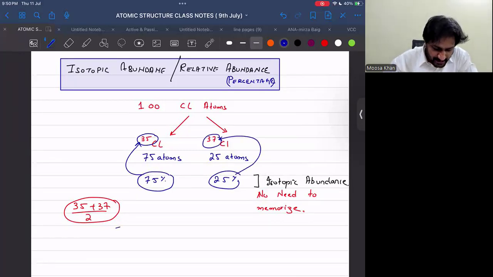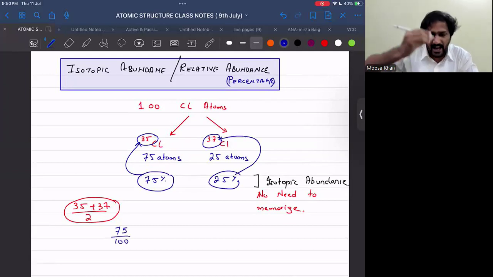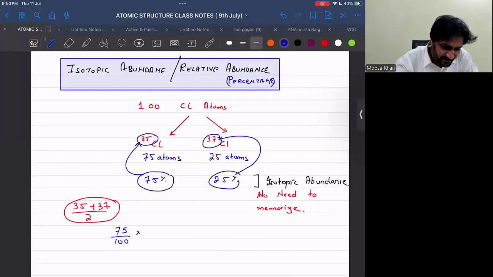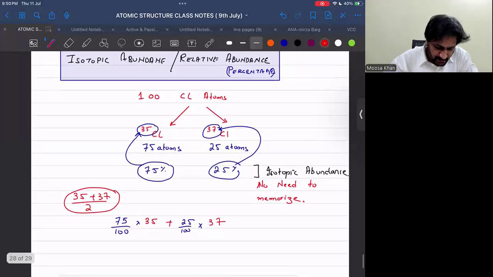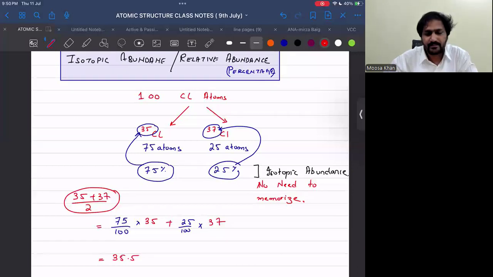It means you have to take 75%. How do you calculate the percentage? 75 over 100 into 35, plus 25 over 100 into 37. If you solve it, you will get 35.5.